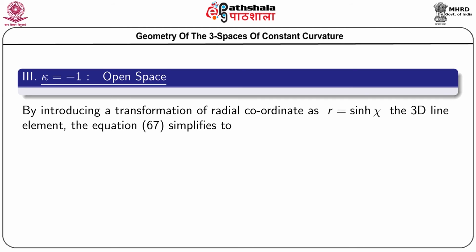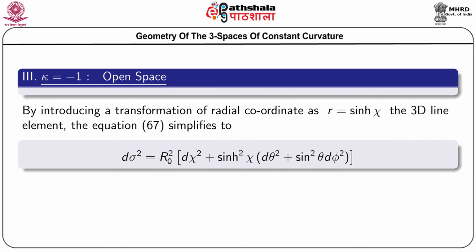Next, we see that when kappa is equal to minus 1, it is coming to an open space, and again by transformation of the radial coordinate as r equals sinh chi, the 3D line element 67 simplifies to this one: d sigma square equals r naught square within the third bracket d chi square plus sinh square chi, and within the first bracket d theta square plus sin square theta d phi square.